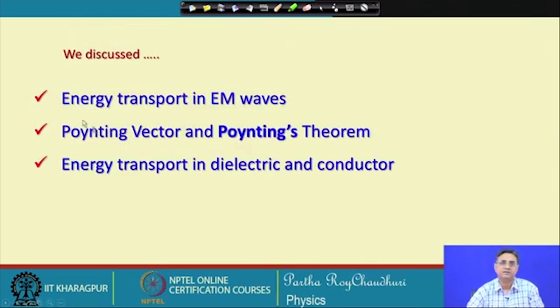By this discussion, we have considered the energy transport in electromagnetic waves, which is primarily represented by the Poynting vector, and through Poynting's theorem, the total amount of electromagnetic energy flowing inside a certain volume of space through which the electromagnetic wave is propagating is equal to the amount of energy that is leaving that space plus the amount of energy which is lost within that volume.